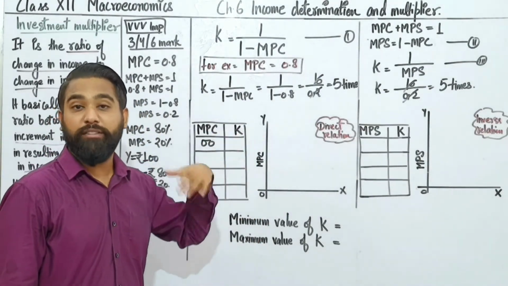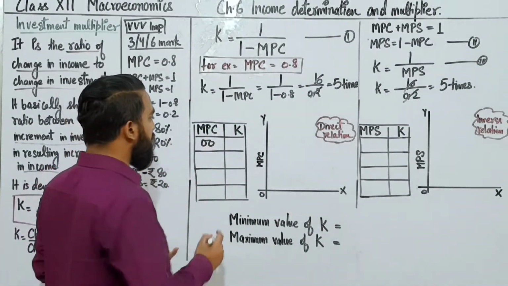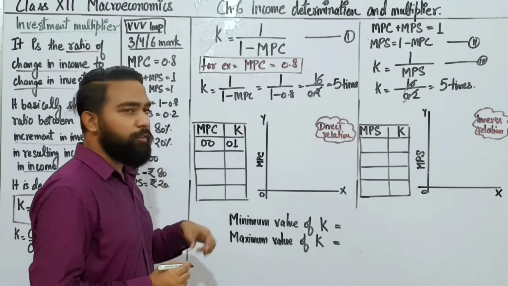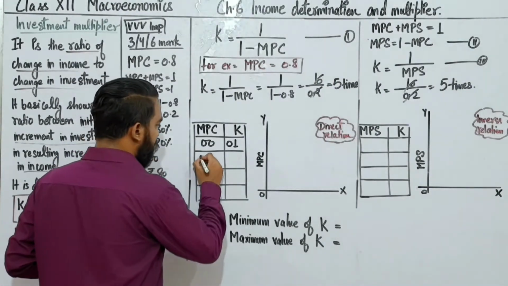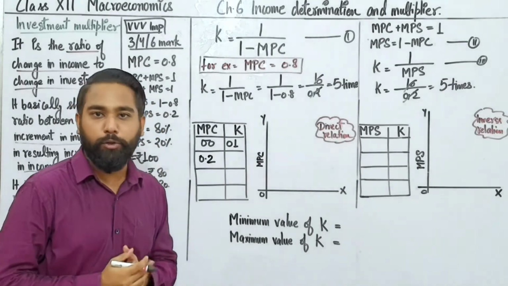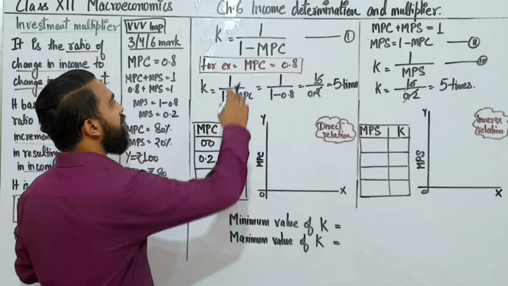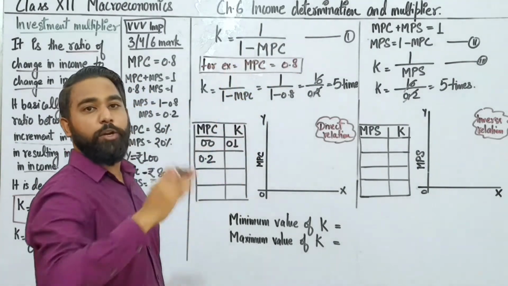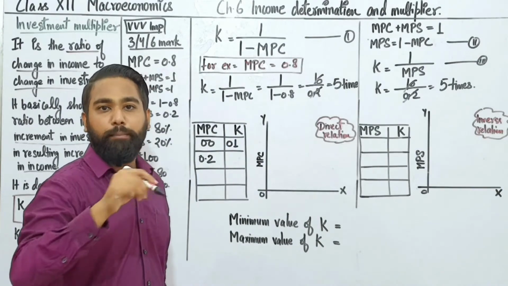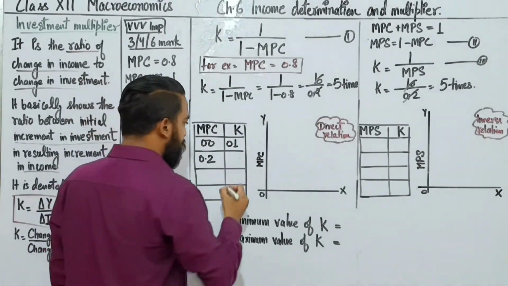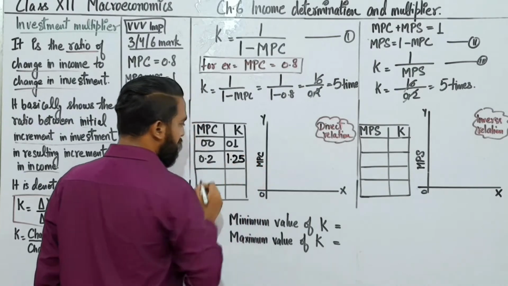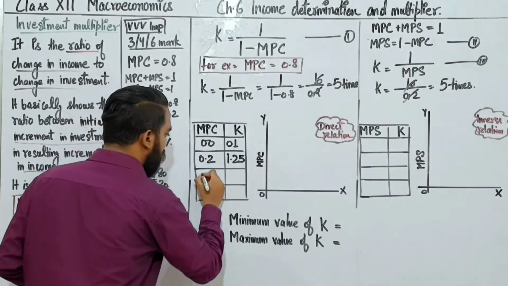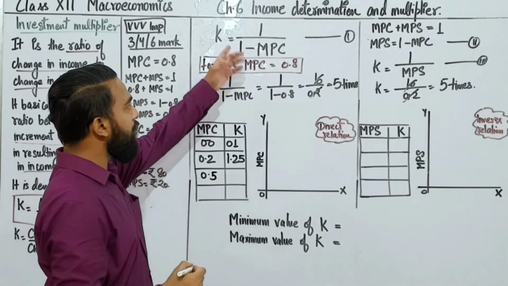Now if the value of MPC is 0.2, then K is 1 upon 1 minus 0.2, which means 1 upon 0.8. If you divide 1 by 0.8, that will be 1.25.